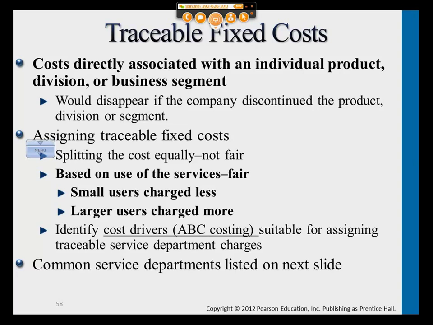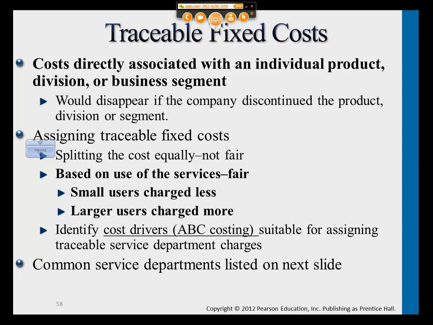So based on my usage of these services, that sounds fair. So those users who do not utilize these services are going to be charged less, and those that do are charged more.